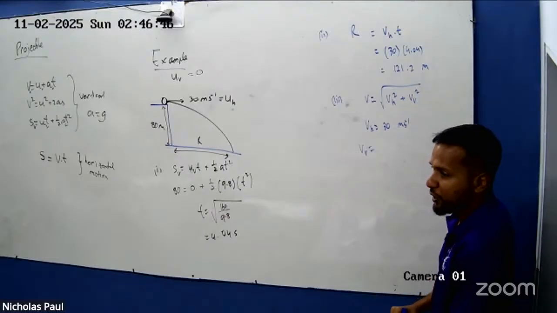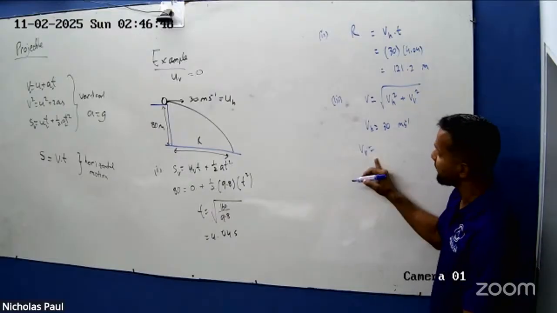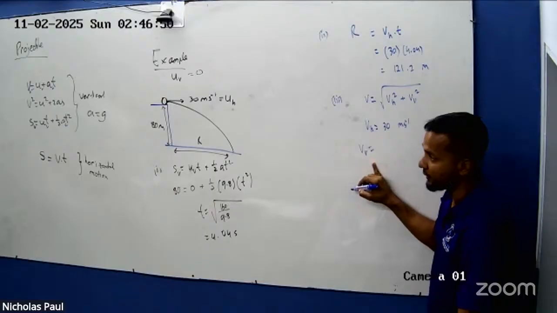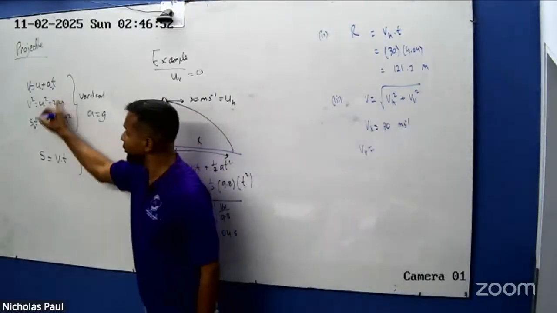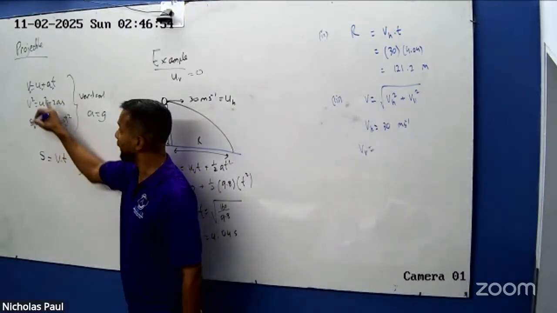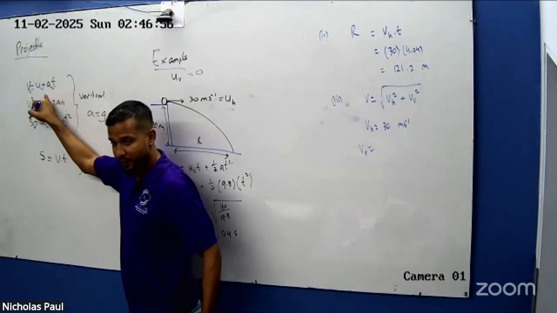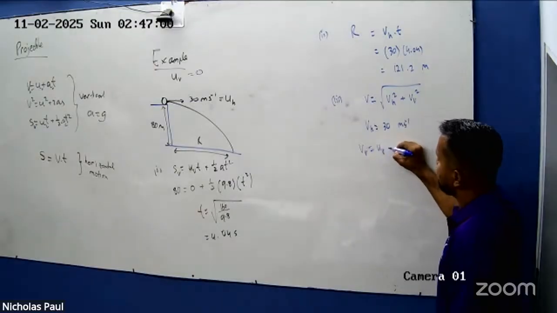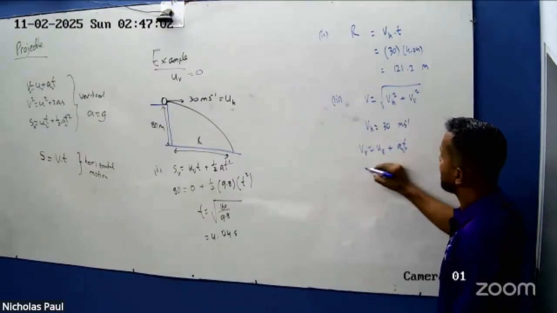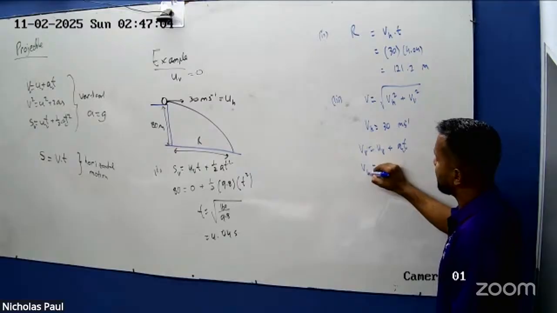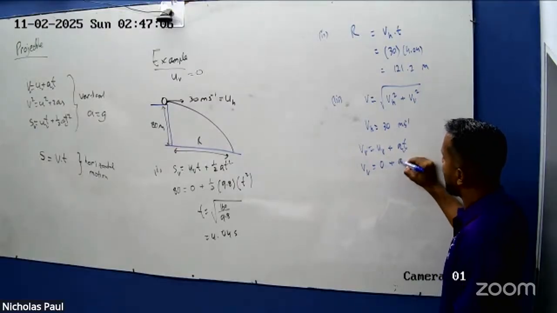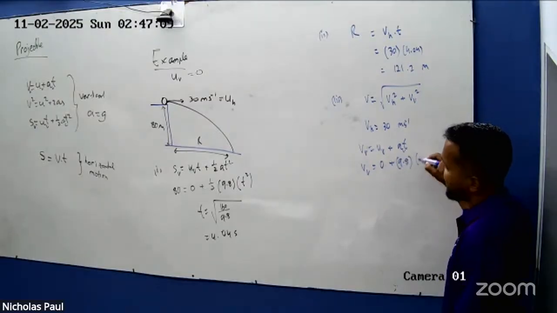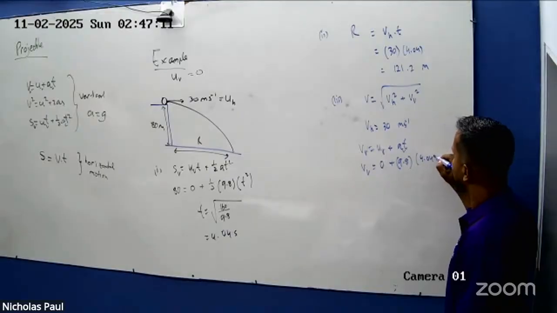Which equation do you recommend we use to find vertical velocity just before it hits? 1, 2, or 3? Because we know t, we know a, and we know u, right? So the initial velocity will be 0, acceleration 9.8, and time is 4.04.